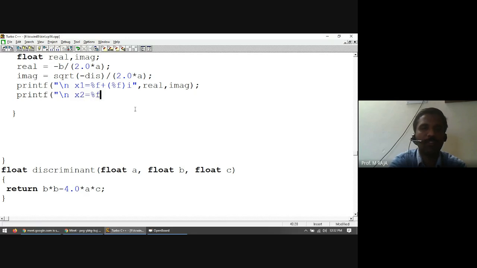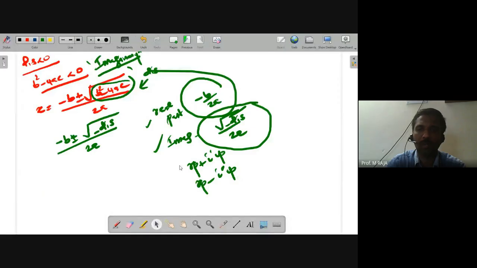x2 is equal to percentage f plus, not plus, right, here minus. Real part plus I into imaginary part, that is x1. This is x1. Then real part minus I into imaginary part. This is x2.